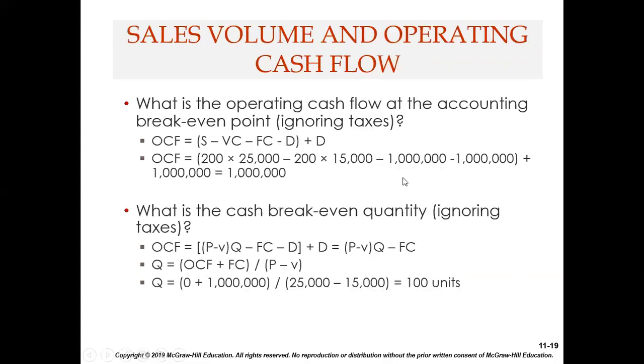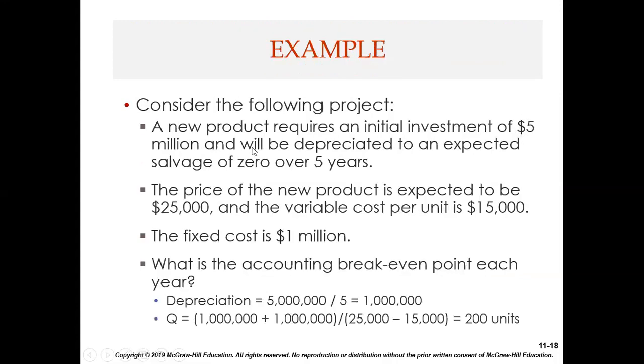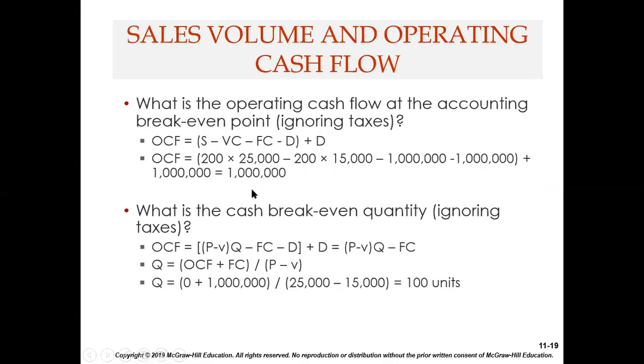Our example was on investing $5 million today, and they gave us selling price, variable cost, and fixed cost information. We first calculated the sales volume where net income is 0, and then the cash break-even quantity, which was 100 units. So we had 200 units for accounting income break-even, and 100 units for cash break-even.